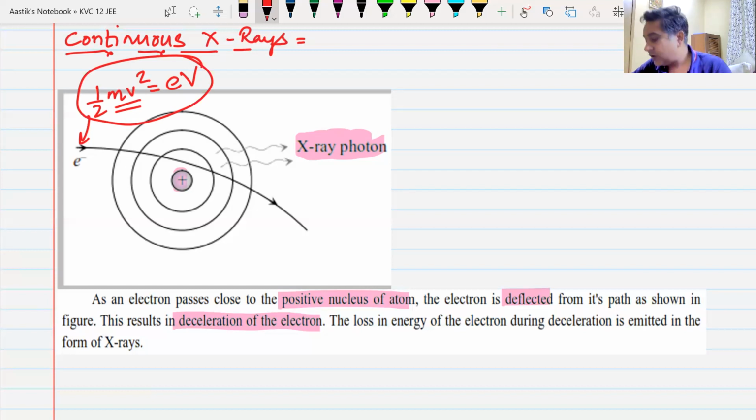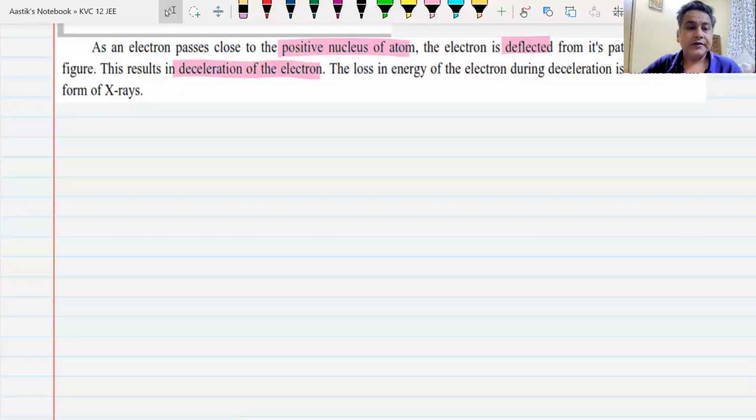Okay. Now, in this type of continuous X-rays, there is a minimum wavelength or maximum frequency below which or above which no X-rays are emitted.